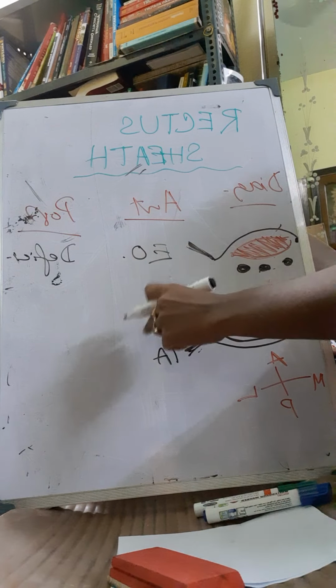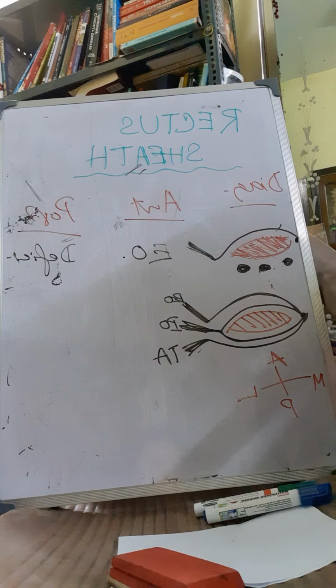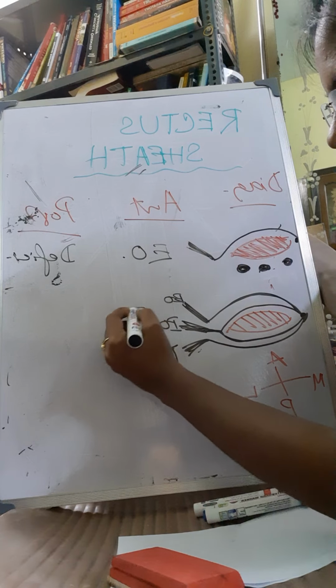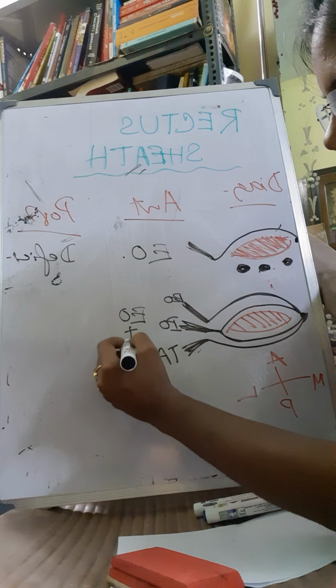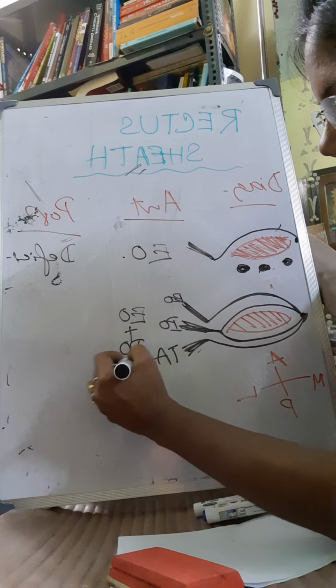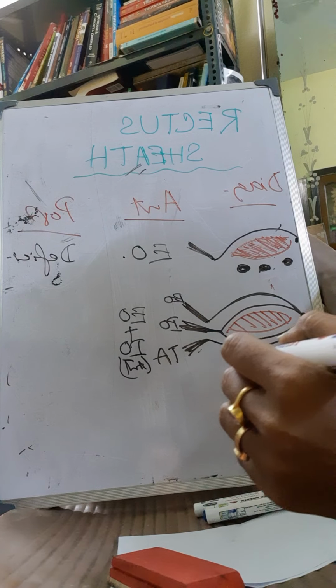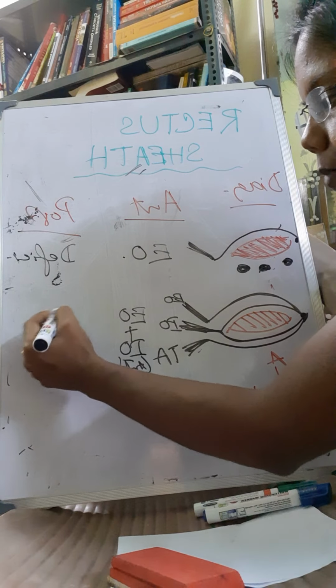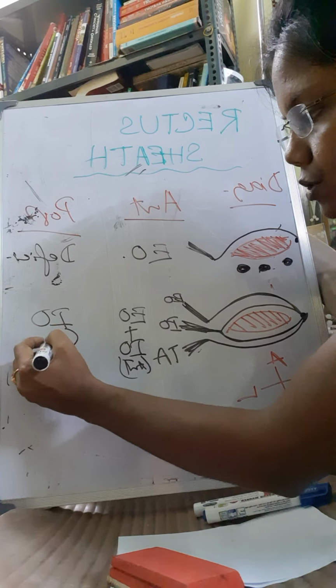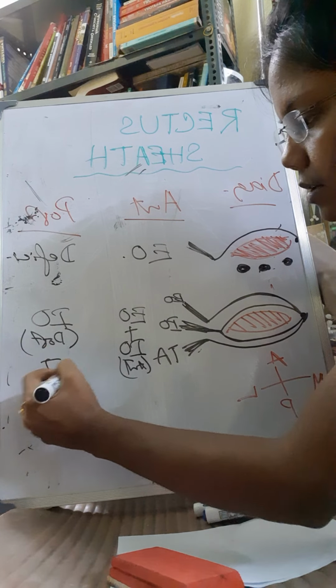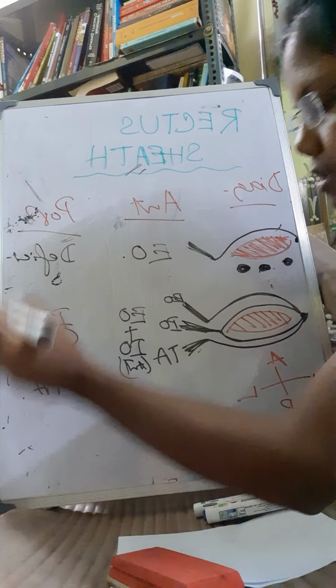So, in the second stage, that is from the costal margin to the midway between the umbilicus and the symphysis pubis, the anterior wall is formed by both external oblique plus internal oblique anterior lamella. And what about the posterior wall? It is formed by the internal oblique posterior lamella plus transversus abdominis muscle.